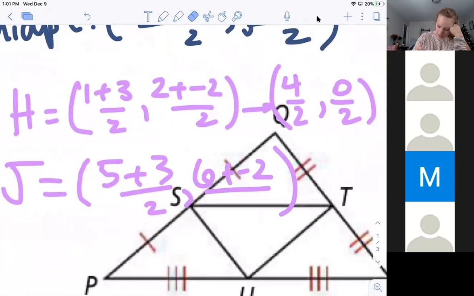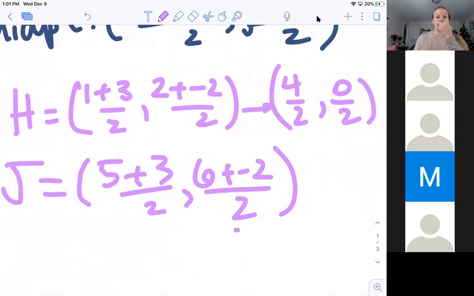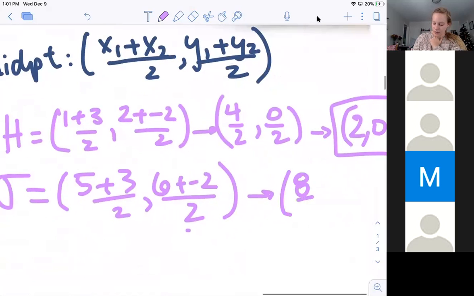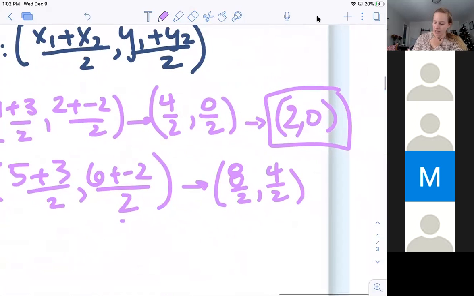All right, now I'm going to simplify. 5 plus 3 is 8 over 2, and then 6 plus -2 is 4 over 2, which again will give me a nice pretty (4, 2), perfect.